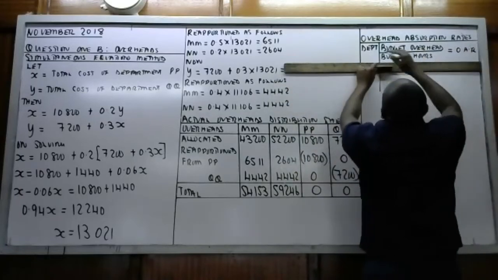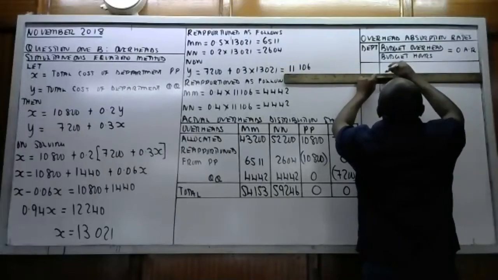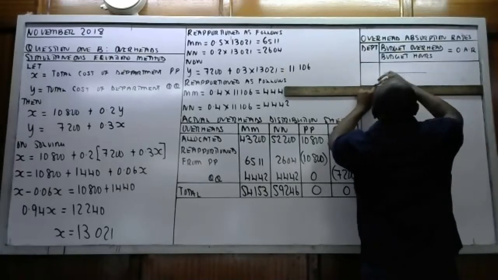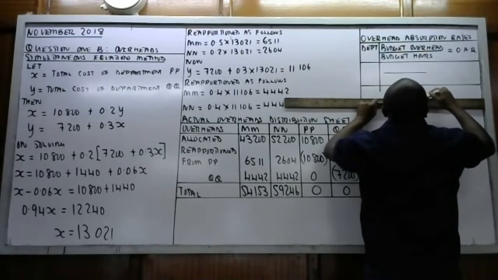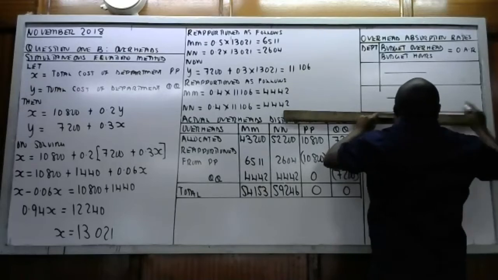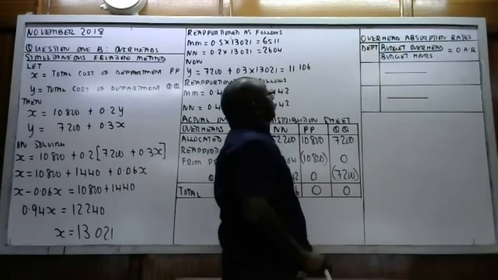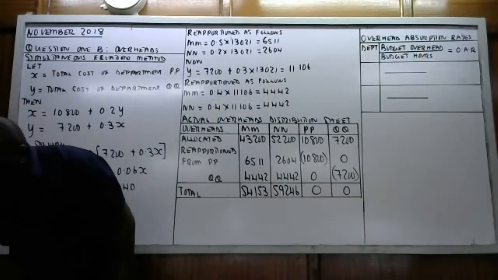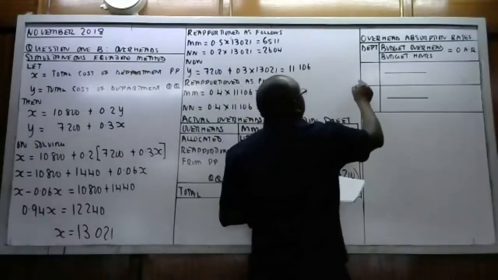Budget overheads divided by the budget base, which in this case is the hours.